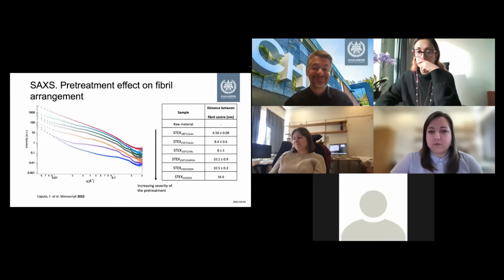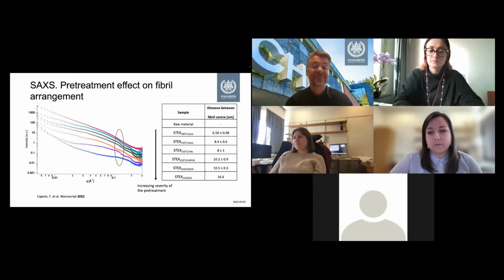The most important for us was one particular peak at this Q range, which indicates the distance between fibrils. What we saw was, with increasing severity, this peak would shift to higher Qs, which also means that the distance between the fibrils is increasing.